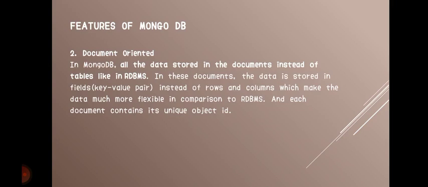Each document contains a unique object ID, and the data is stored as a JSON-like document. Each document is like a record with key and value pairs, and it is easy to represent real world objects and more readable than the rows in the RDBMS.